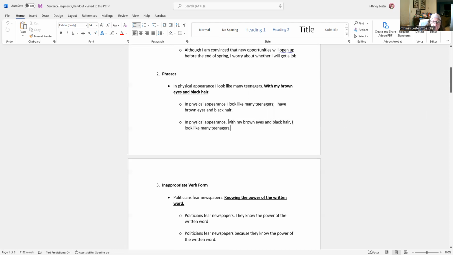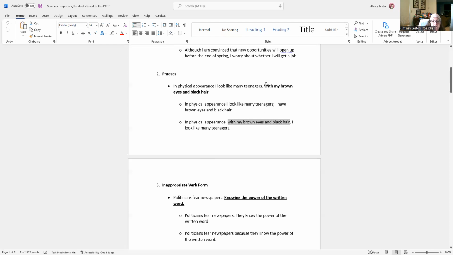And notice how it's set off with commas. We put the phrase in the middle of the sentence, and we have a comma before it and a comma after it. What that implies is we could take this out and still have a sentence. In physical appearance, I look like many teenagers, which is indeed the case.